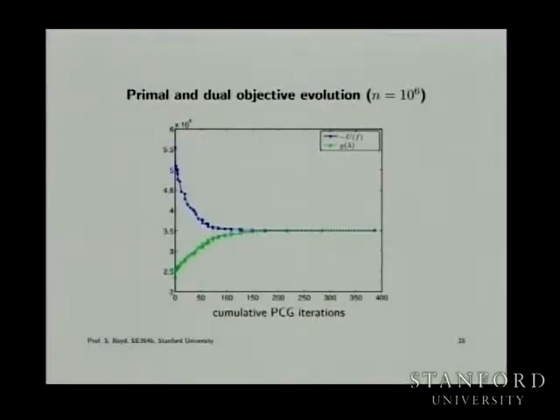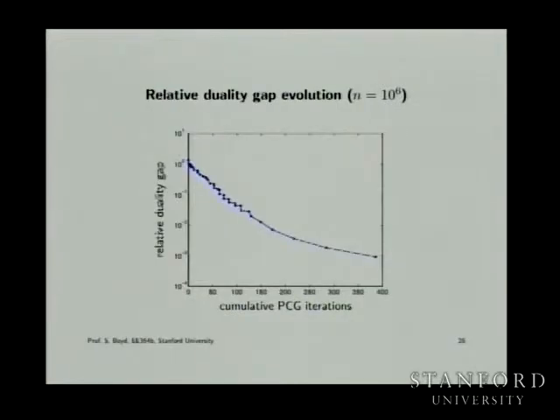Okay. Here's the same problem with 1 million edges and 2 million flows. So these are real problems. These are big problems now. You can't type this into CVX or something like that. And it's just to show that it actually works. And here's the duality gap.